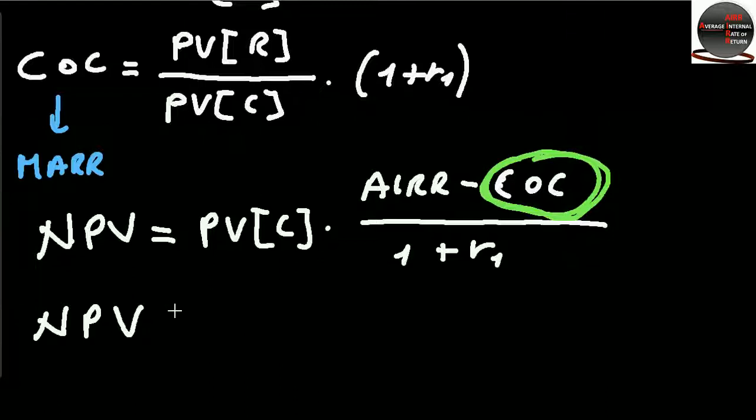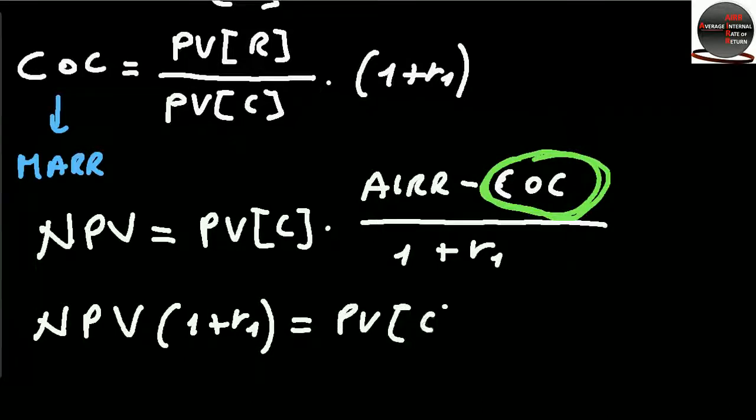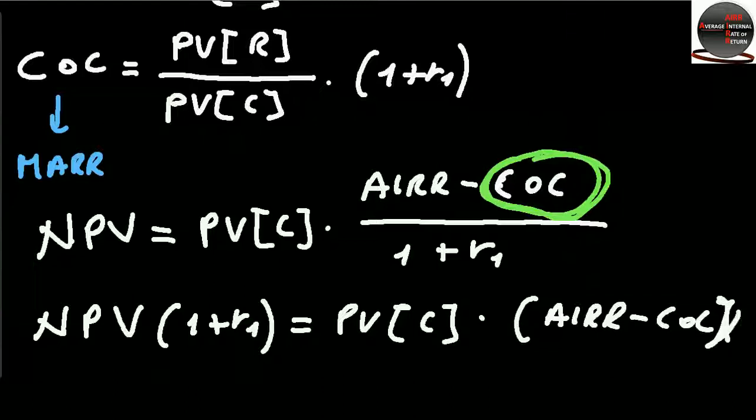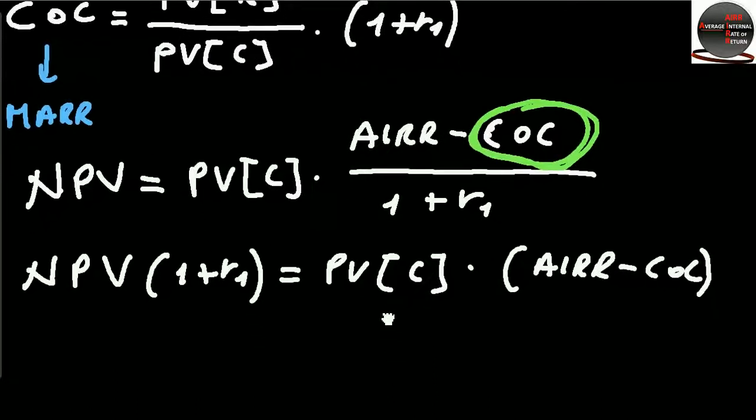We multiply by 1 plus R of 1, and we get this product structure. Then we may divide. So this is not a very nice parenthesis. So let us make it again. Okay, and we divide it.